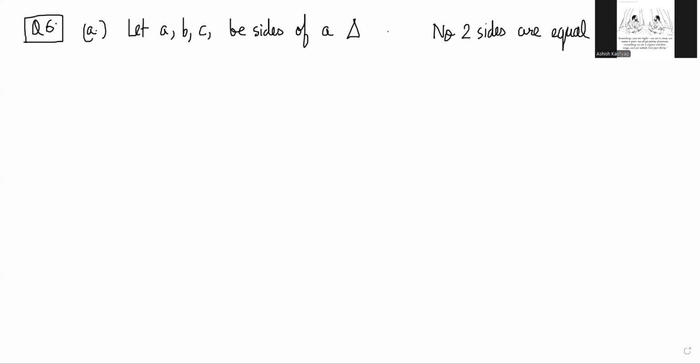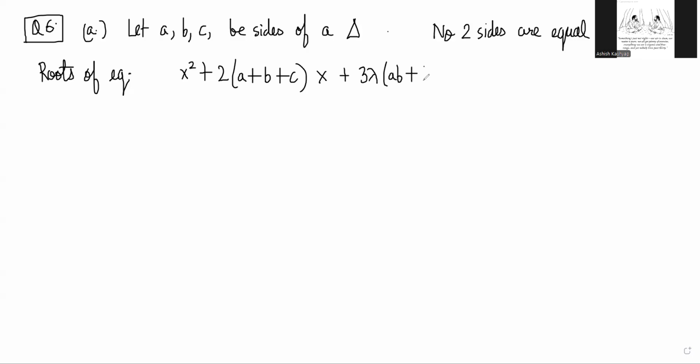If the roots of equation x square plus 2 times (a plus b plus c) x plus 3 lambda (ab plus bc plus ca) is equal to 0 are real, you have to find the range of lambda.